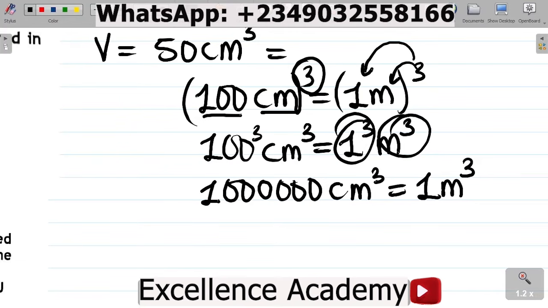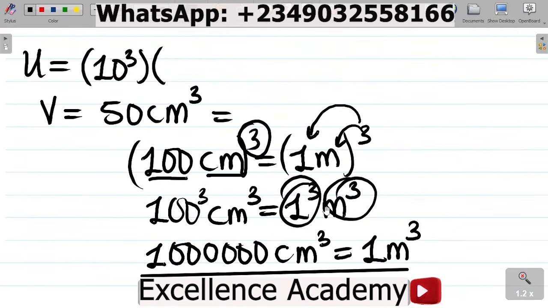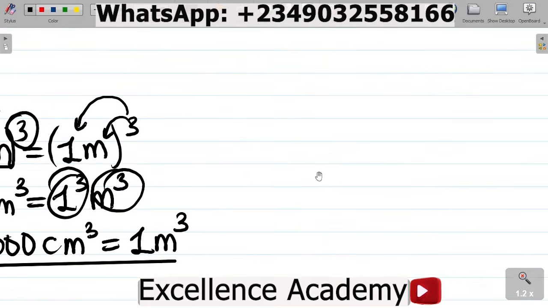This is the relationship between centimeter cube and meter cube. You want to note this relationship. Now, the next thing we want to do is that we are asked to convert from cm cube. So how do we do that?